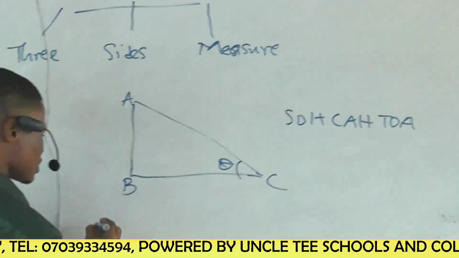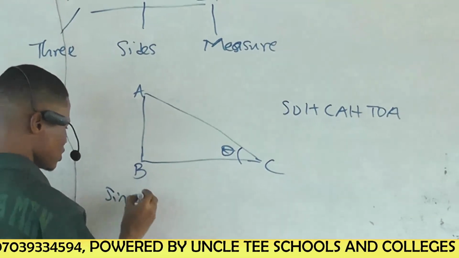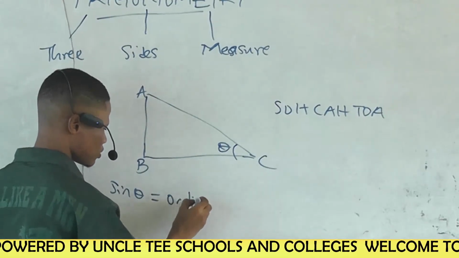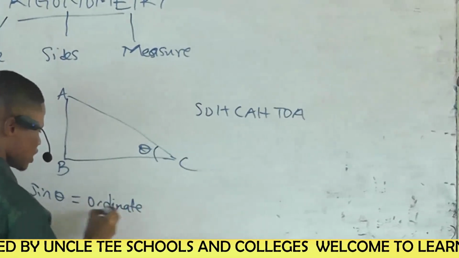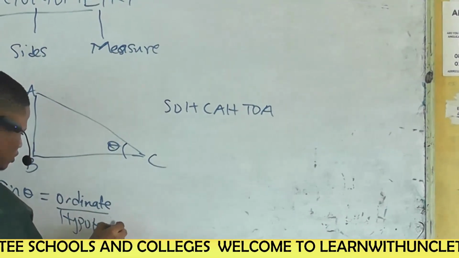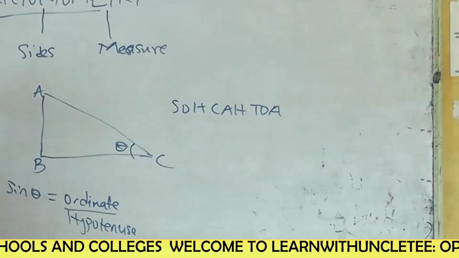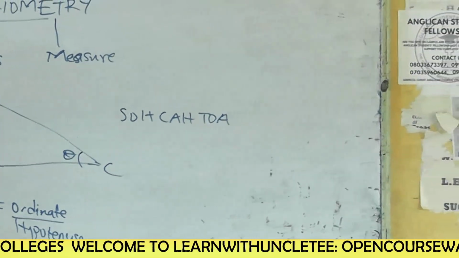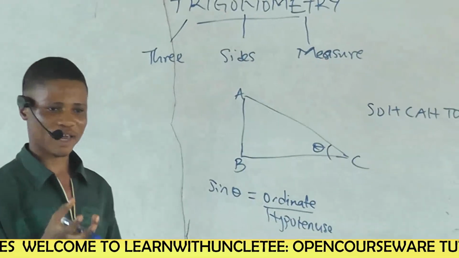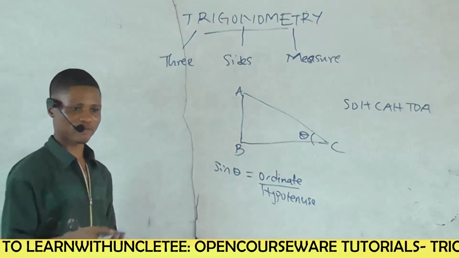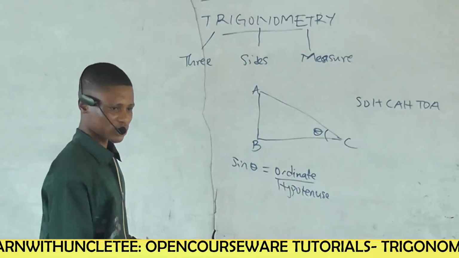This SO means sine theta equals ordinate over hypotenuse. Now, we consider ordinate on the graph as the y-axis, which is also known as opposite. So another name for opposite is ordinate.